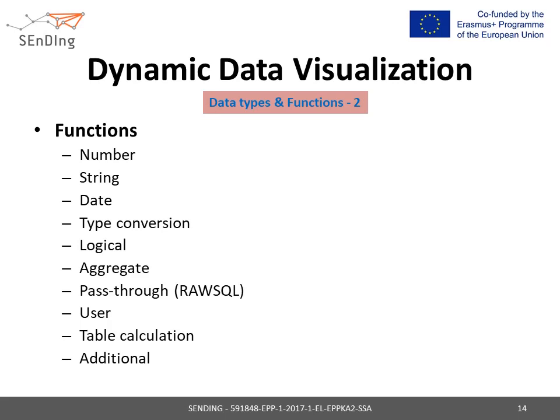Tableau Public functions fall into the following categories. Number functions, these are functions to manipulate numeric values. For example, finding the sum of a set of numbers or determining the maximum value in a set would be number functions. String functions, these functions allow the user to work with string values.